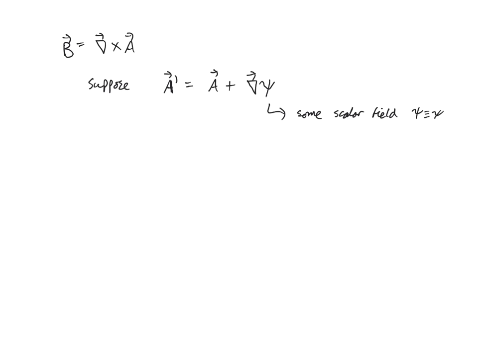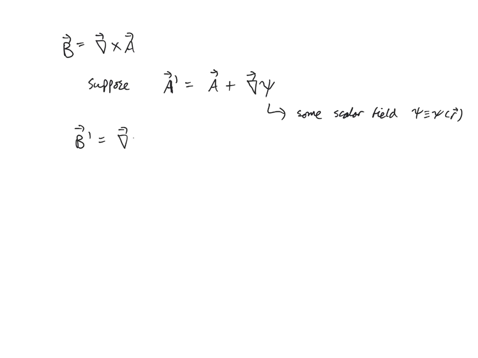Psi is a field in the true sense, meaning that it exists everywhere in space, but it's a scalar. So if I take this definition, then let's calculate the magnetic field in the primed system.